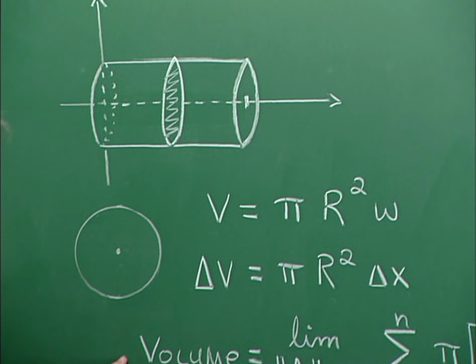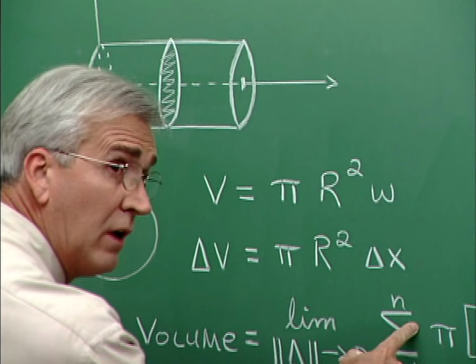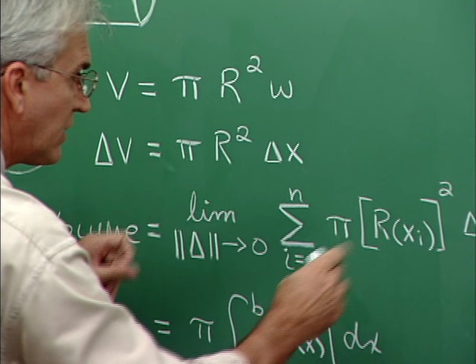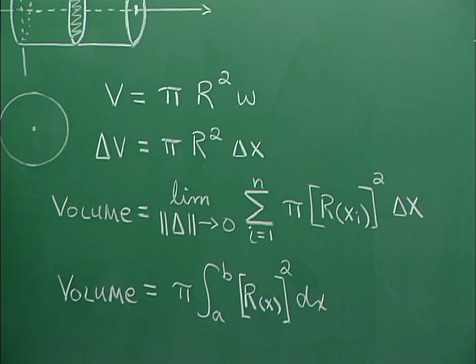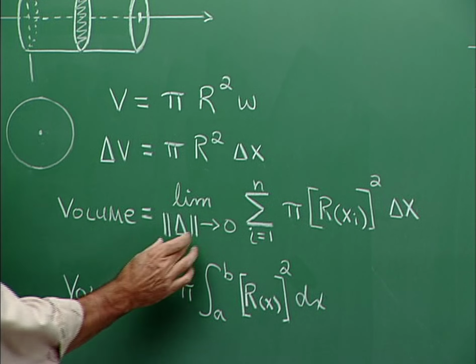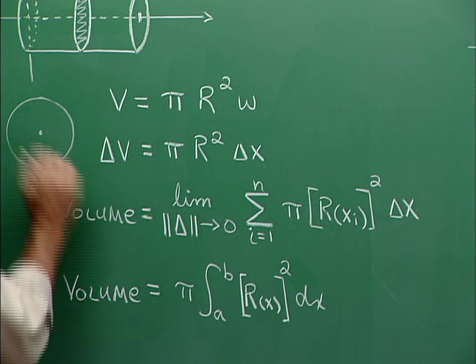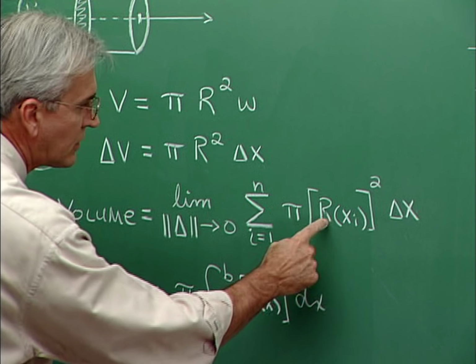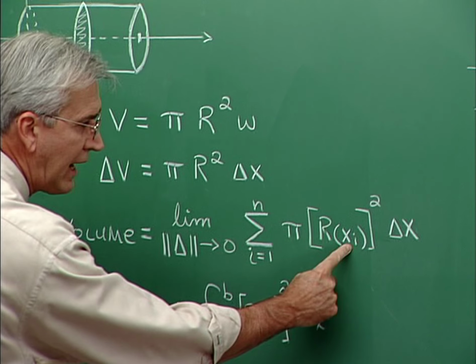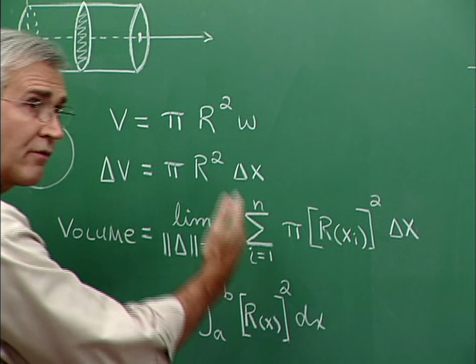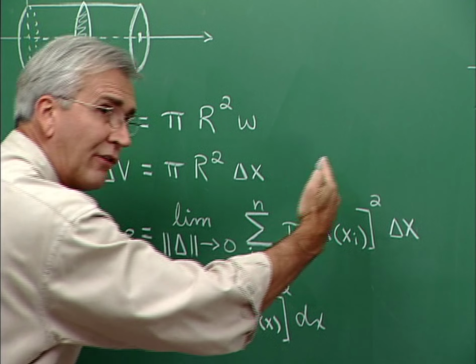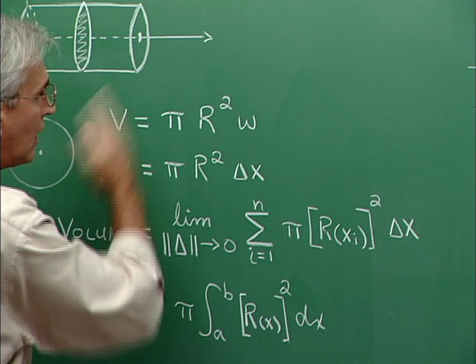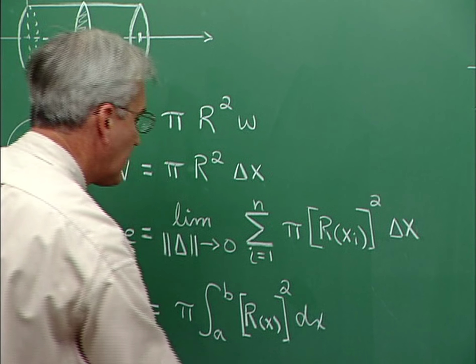The overall volume is the limit of a sum of this expression, and it's just been rearranged to accommodate the situation. Now notice the delta x, the thickness, is approaching 0 in this limit idea. This radius is associated with an x subscript i, if we're counting the intervals along our cylinder and the delta x business.